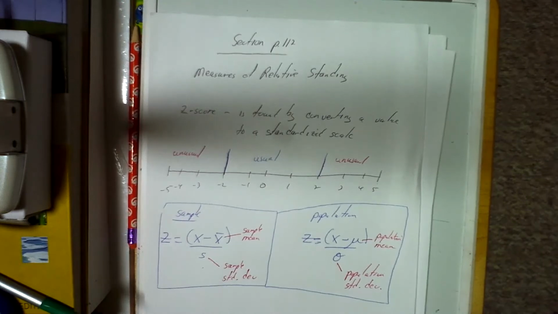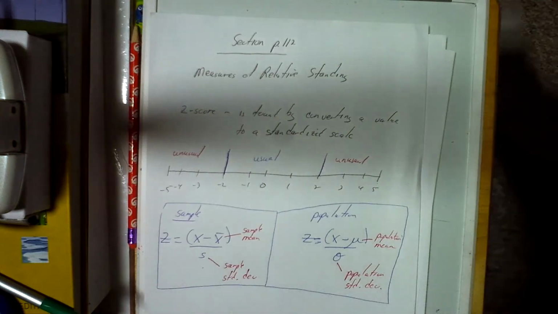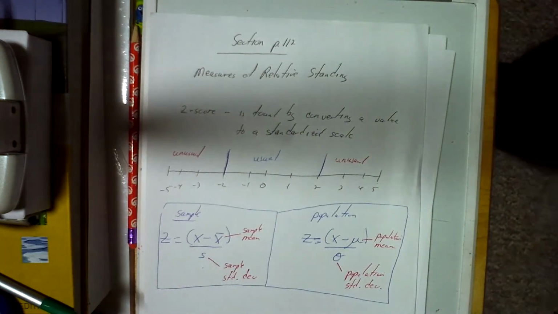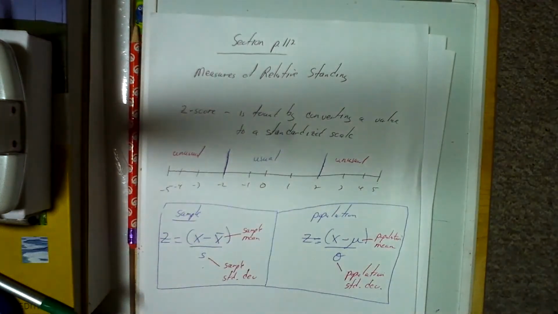Let's try an example. Let's say we're going to measure your height, and I'm going to look it up here. For the population, we're going to find the mean and standard deviation for both males and females in the United States.